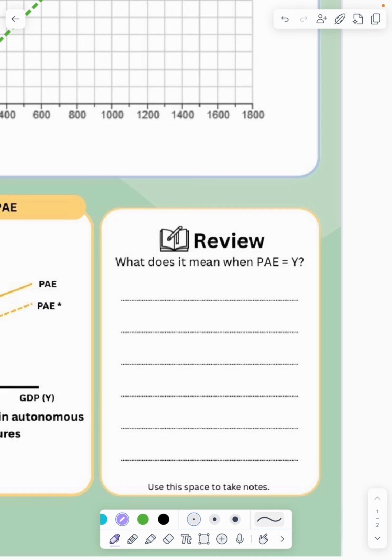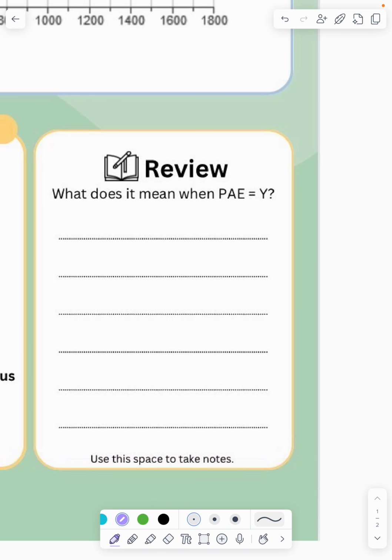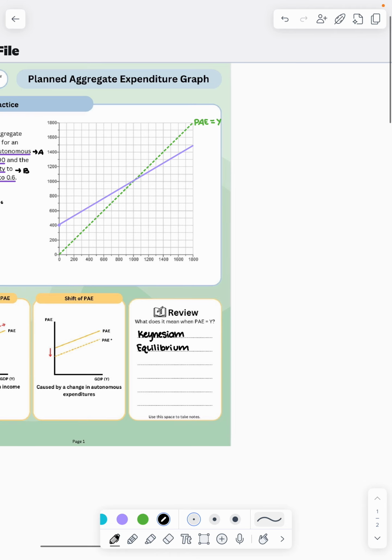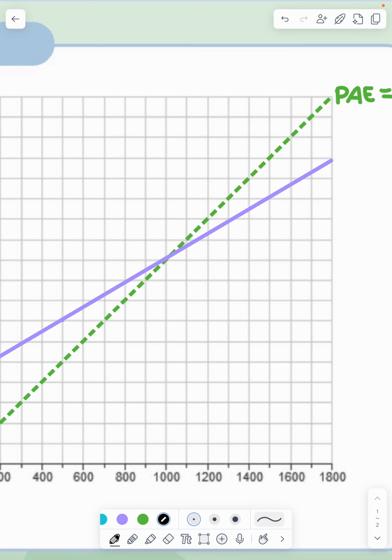Now in this review box down here, what does it mean when PAE equals Y? This actually means that it's in equilibrium. So we can find on this graph where it equals equilibrium, which we also talked about in this chapter.